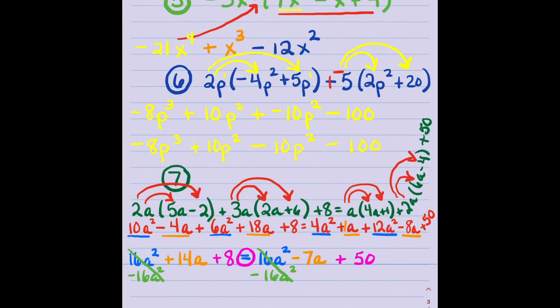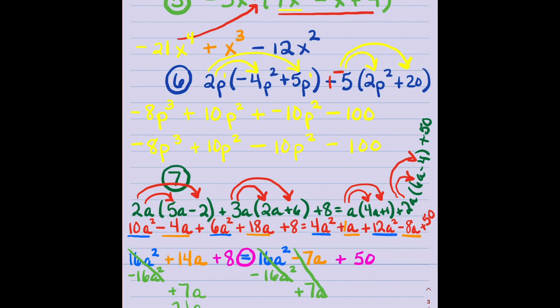So that just kind of went away. And then the next thing I'm going to do is maybe add 7a. So see how it was minus 7a? If I go plus 7a, that will cancel. But I have to do that on both sides, plus 7a. And so I'm actually going to do this math here. 14a plus 7a is 21a.